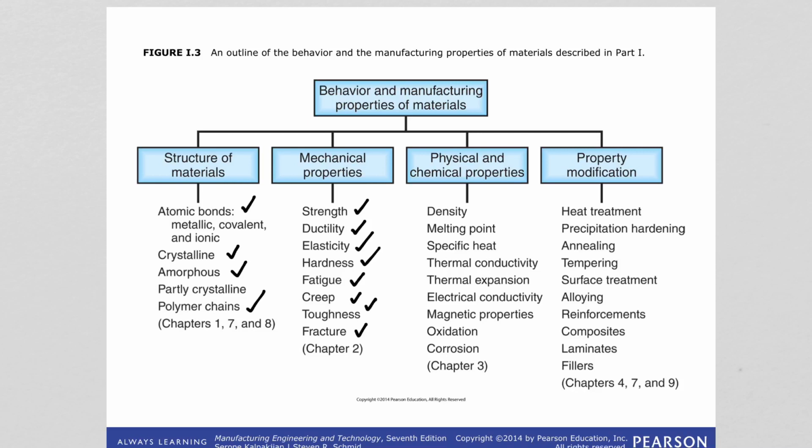And then we will see physical and chemical properties that are important during manufacturing, like density, melting point, specific heat, electrical and thermal conductivity, thermal expansion, magnetic properties, oxidation, corrosion. Okay, so what about the property modification that is used during manufacturing? We can apply heat treatment, hardening or strengthening, annealing, tempering, surface treatment, alloying, etc. Right? Reinforcement, composites. We're going to see and cover all of these in the following chapters.